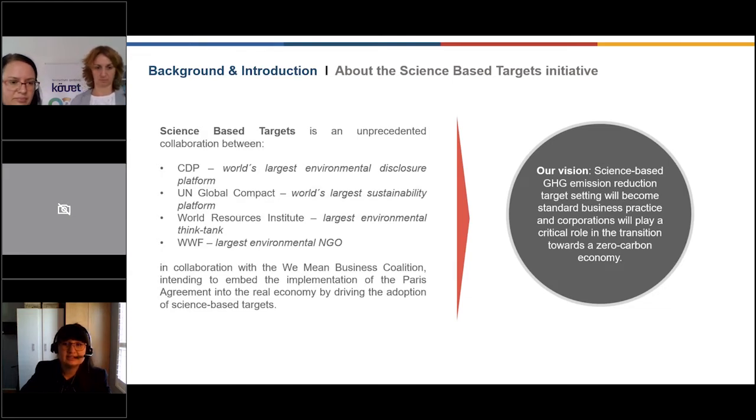So our vision is that science-based targets setting, focusing on greenhouse gas emission reductions, will become standard business practice, and corporations will play a key role in the transition to a zero carbon economy.